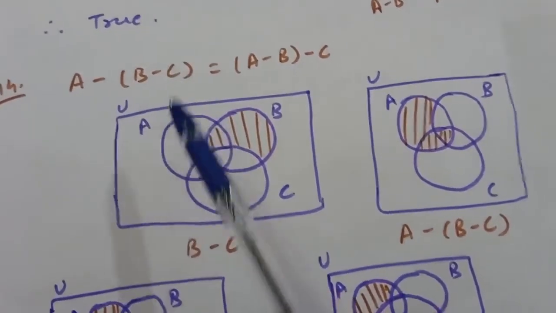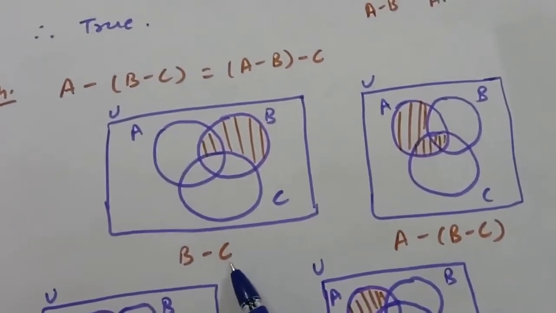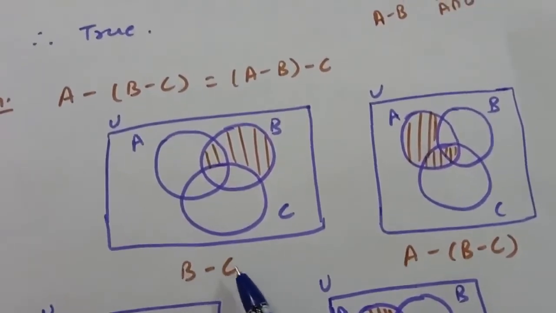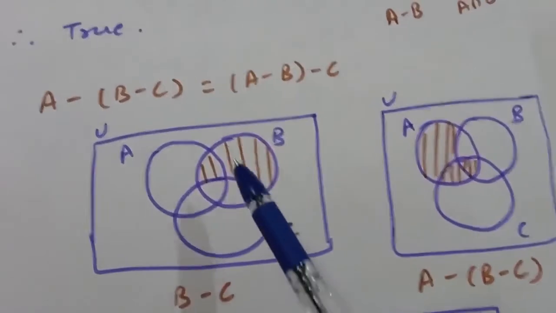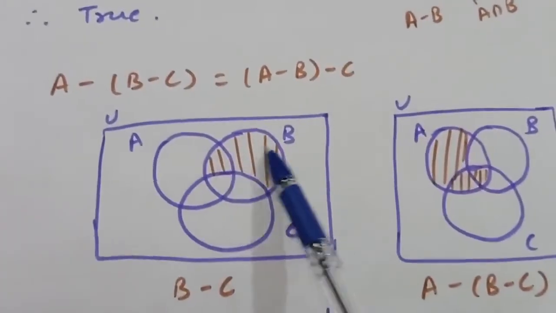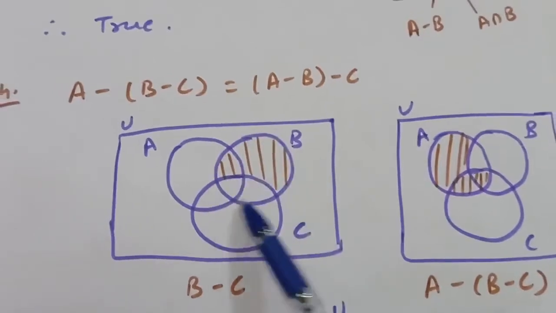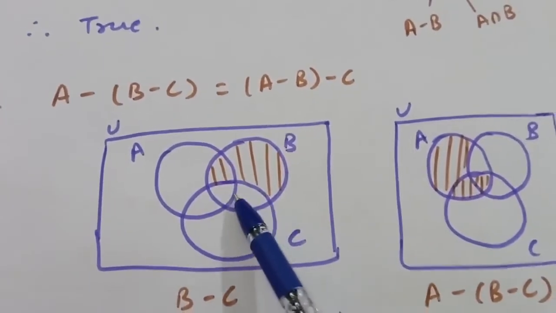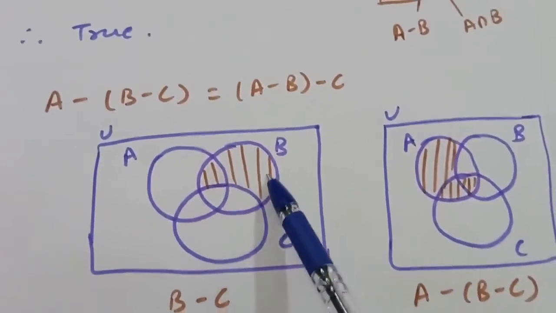So first of all calculating B minus C. B minus C means that portion which is in B but not in C. So see this portion, which lies in the set B but not in set C. We will not take this part because it lies in C. So this is B minus C.